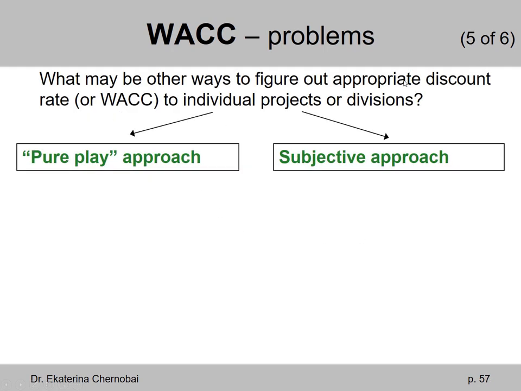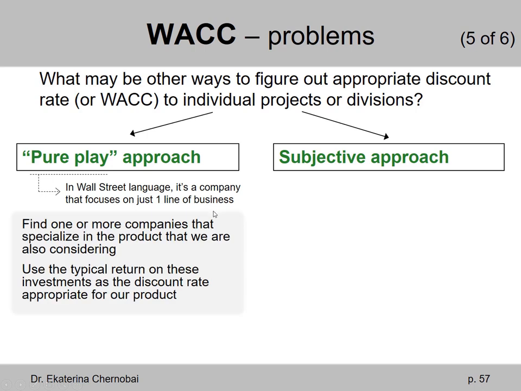What may be other ways to figure out a proper discount rate for individual projects or divisions? There's something known in finance as the pure play approach. Pure play in Wall Street language means a company that focuses on just one line of business. So it has a very narrow business. It makes a very narrow product, something very unique, very specific.